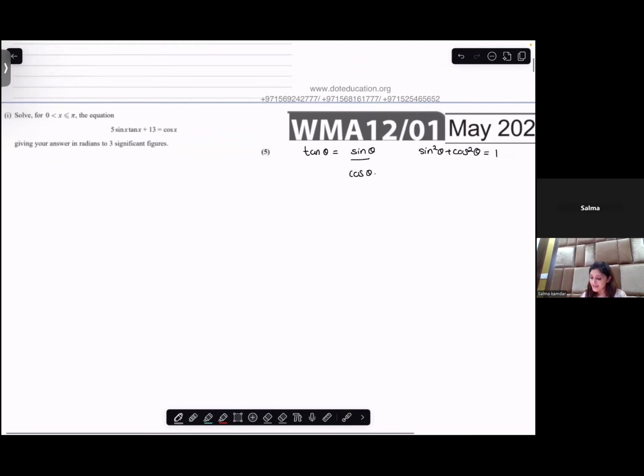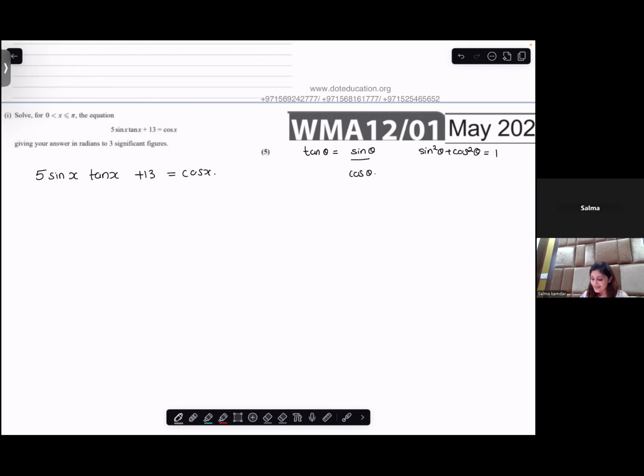Okay, now since I have to solve this for x, I have to find the value of x. So I start writing what is given to me. Plus 13 is equal to cos x.